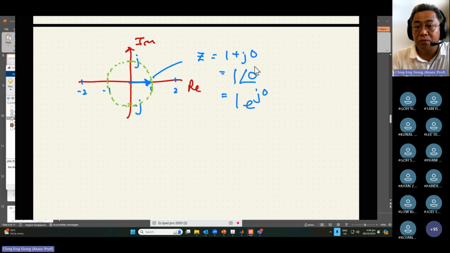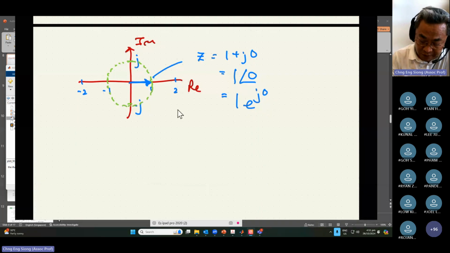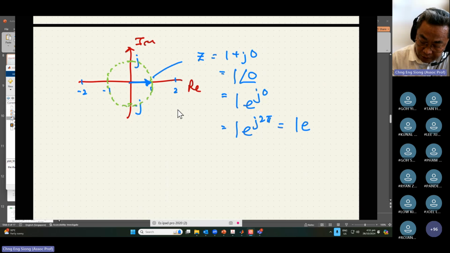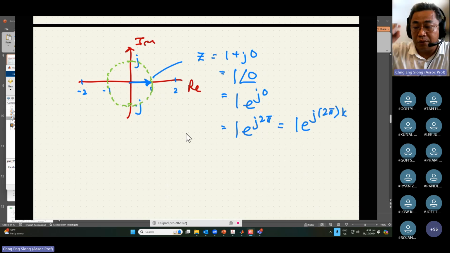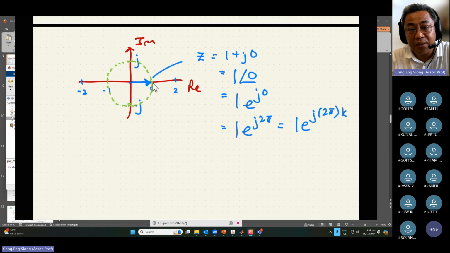All three representations represent this same phasor. In fact, you can also write 1 e^(j 2 pi k). Doesn't matter because when you're rotating by 2 pi, you are still back into the same point. So these are all the ways you can draw this phasor in the complex plane. So I'm drawing this circle and this phasor.